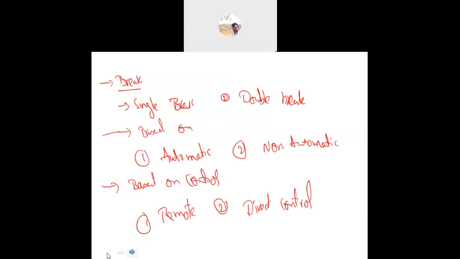Next classification is based upon the type of tank construction. The circuit breaker stores the interrupting medium in the tank, whether it is oil, air, SF6 gas, or vacuum.